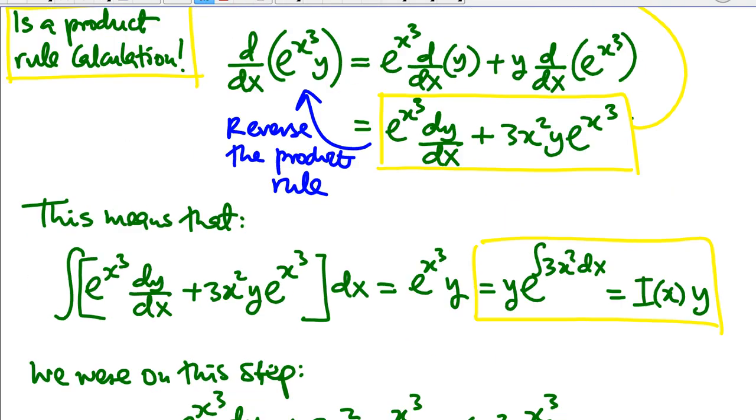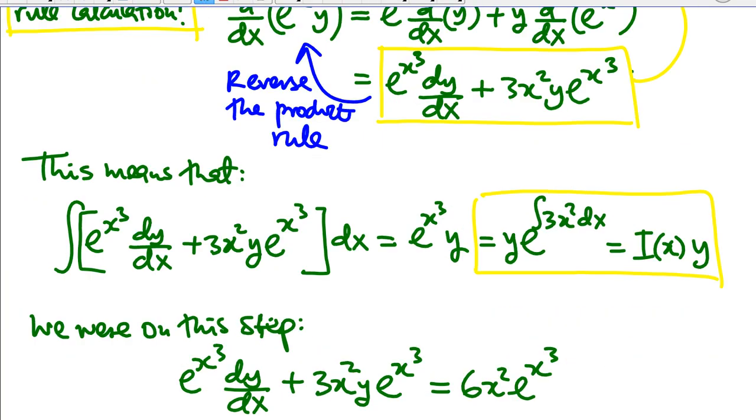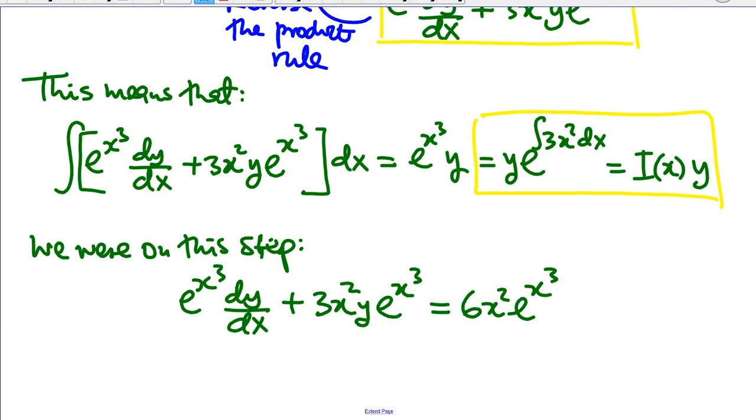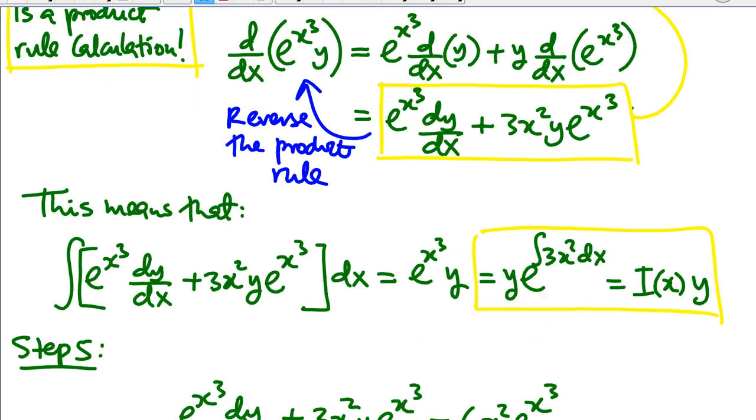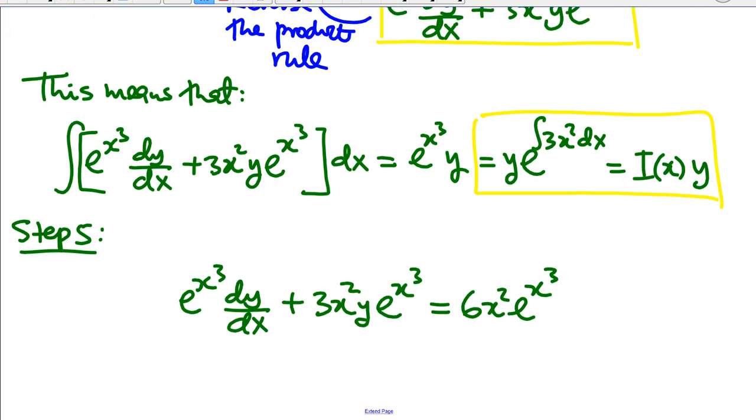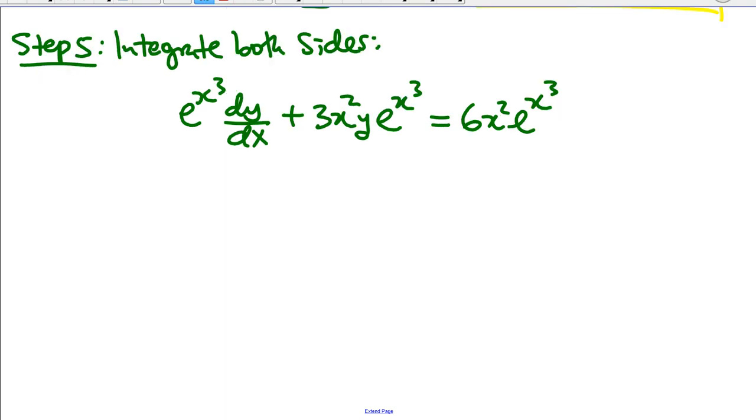Now I'll add the next step, step 5. So step 5 will be integrate both sides. So integrate this side with respect to x, and we integrate the other side.